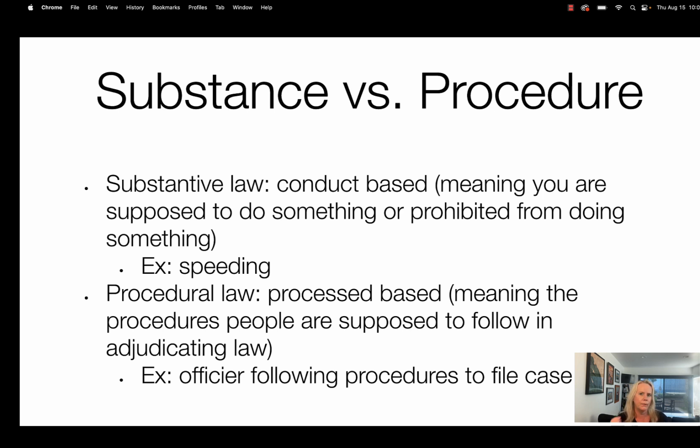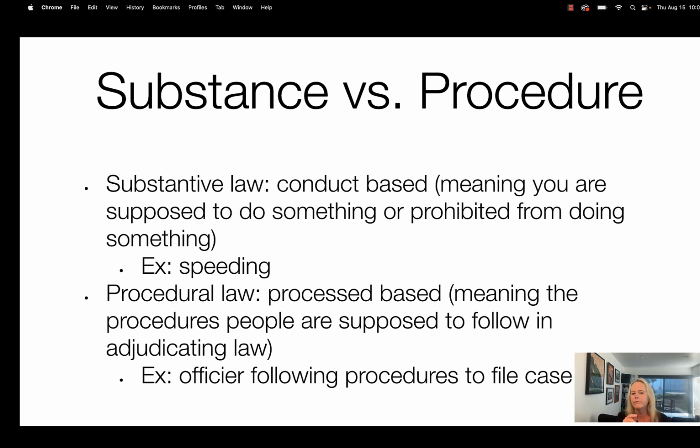So for example, that officer that pulls you over for speeding, there is a substantive piece and there is a procedural piece. The substantive piece is, were you speeding? The procedural piece is, did the officer file the ticket on time? Did he put all the correct information on the ticket? Did he do everything that he was supposed to do in order to process that ticket according to California state guidelines?